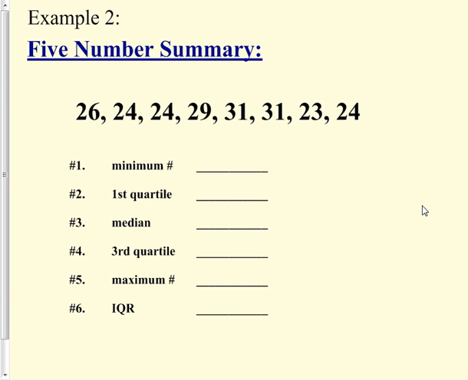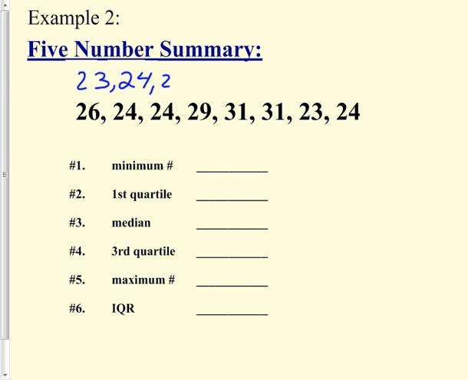Yes, 23 is the smallest. Just write them in order from smallest to biggest. So 23 should be first. And then do I have to write the 24 multiple times?